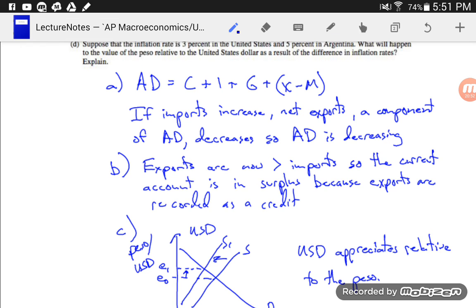But probably a more thorough, complete answer is that if we say there is inflation, what we really mean is that the price level is increasing.